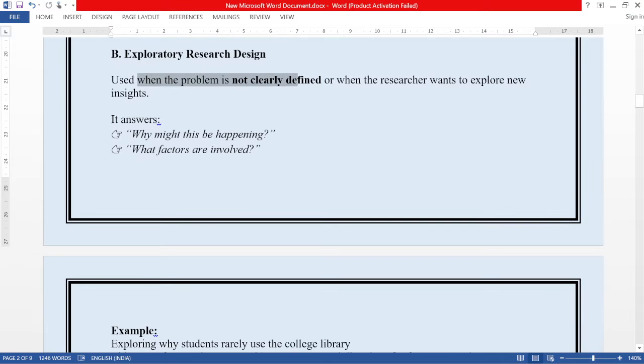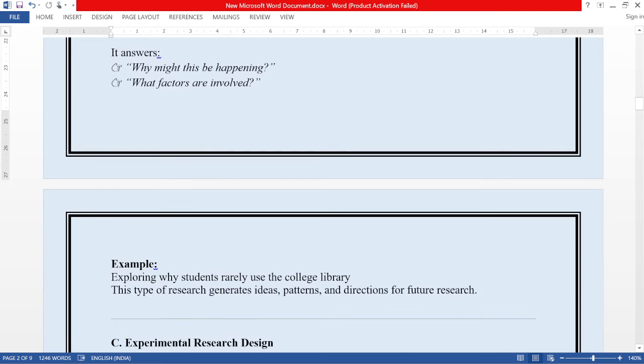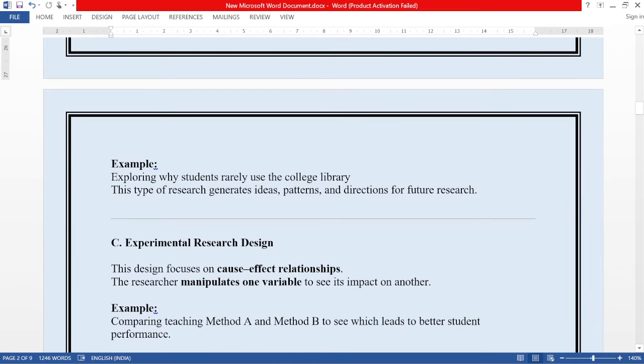When the problem is not clearly defined, it answers why this might be happening and what factors are involved. So let's understand it with an example. Exploring why students rarely use the college library. This type of research generates ideas, patterns, and direction for future research.